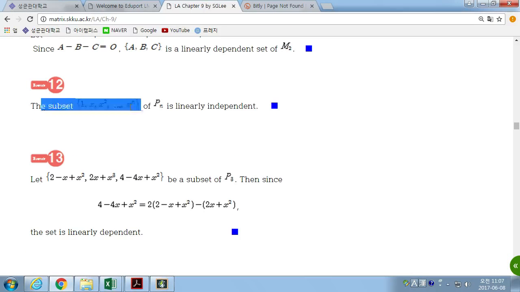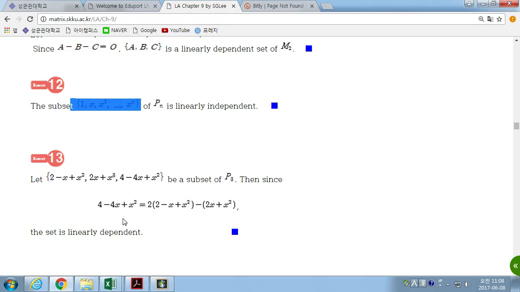But the subset 1, x, x squared, up through x^n, in the set of all polynomials of degree at most n, is linearly independent. Why? Let's set the linear combination of these equal to 0. Then the polynomial of degree n is 0, which means all the coefficients should be 0.